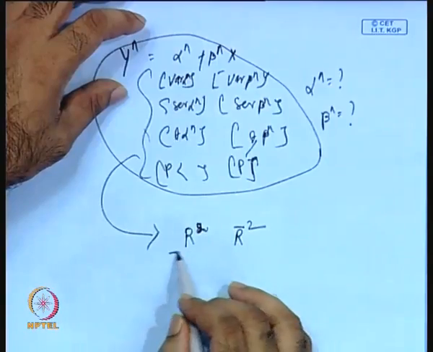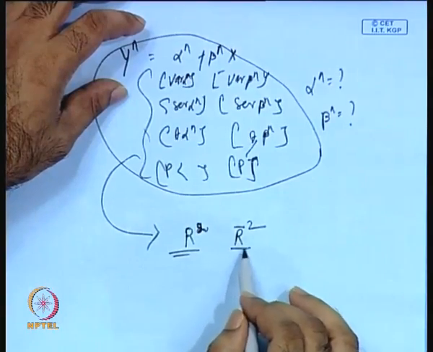Explained sum of squares represents the influence of the independent variable, and total sum of squares is nothing but the influence of the dependent variable. So, we like to know the degree of influence of the independent variable on the dependent variable. That is how we represent R square and adjusted R square.